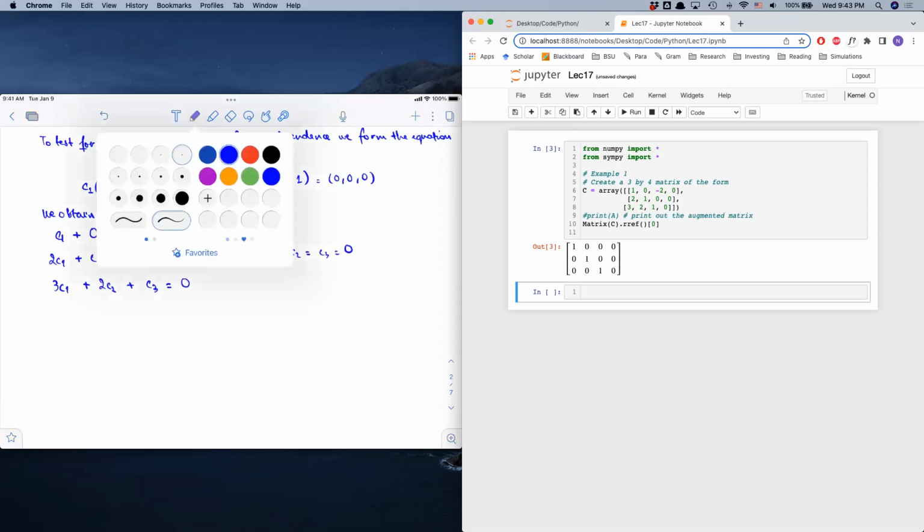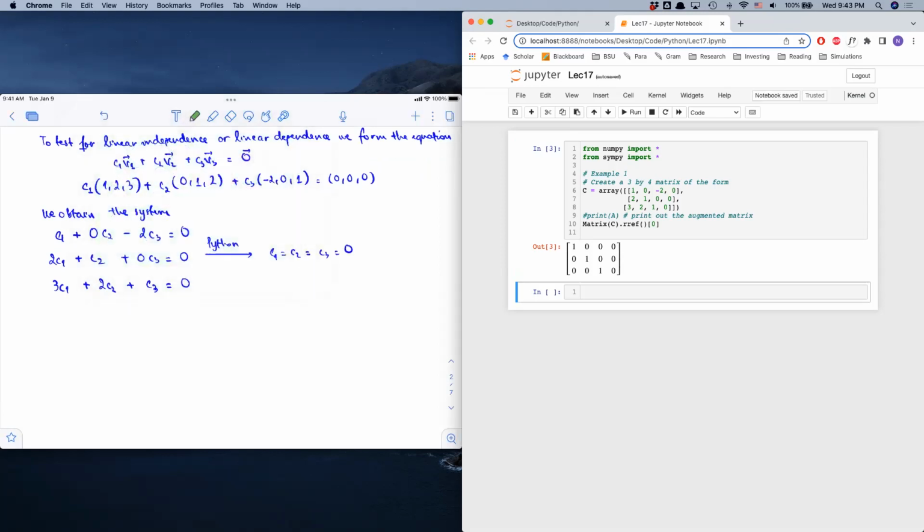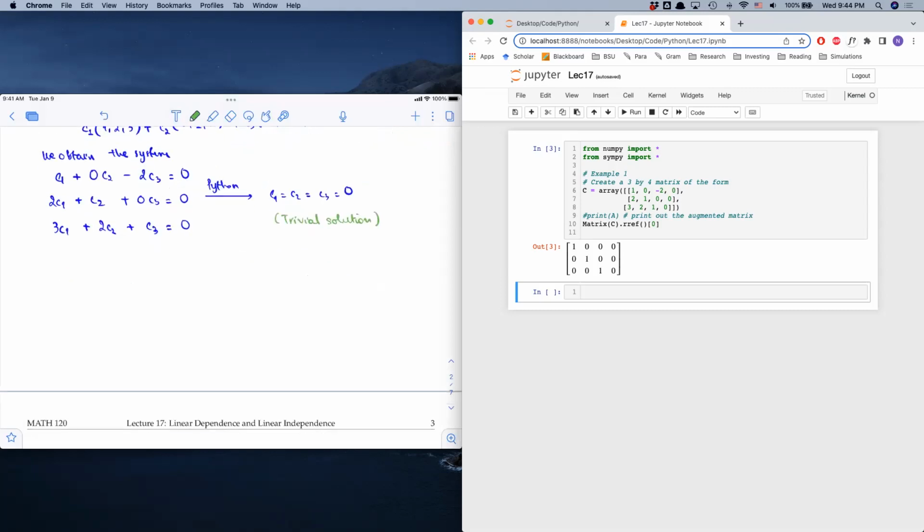Another name for this particular type of solution is trivial solutions, right? Because all the variables are equal to 0. So we obtain the trivial solutions. When we obtain the trivial solution for C1, C2, and C3, or the scalars, we say that the set is linearly independent.